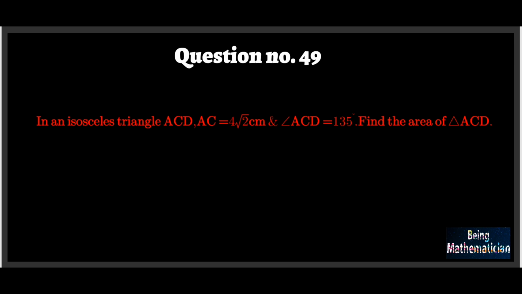Question number 49. Now let's draw a rough diagram of the question to solve the question. Now let us assume that this is angle ACD and this side is equal to this side, and the given angle is 135, and this equal side is 4 root 2.